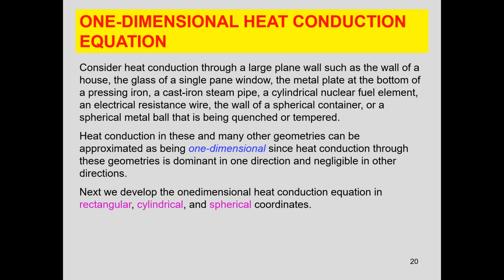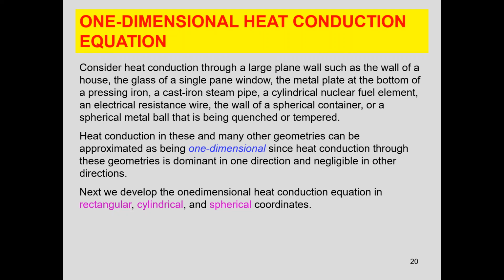One of that is the one-dimensional heat conduction equation. Consider heat conduction through a large plane wall, such as the wall of a house and the glass of a single pane window, the metal plate at the bottom of a pressing iron, a cast iron steam pipe, a cylindrical nuclear fuel element, an electrical resistance wire, the wall of a spherical container, or a spherical metal ball that is being heated or cooled.